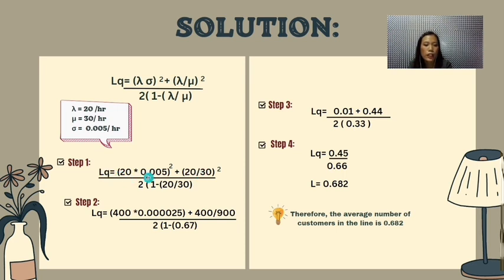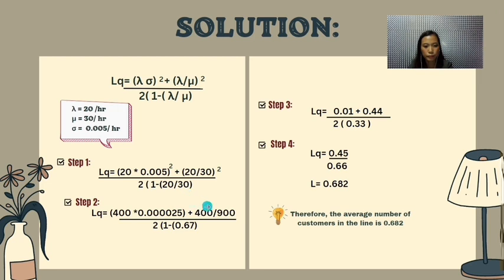So, from here, dito sa 2 equation na to, 20 times 20, kasi ang exponent niya is 2. So, 20 times 20 is 400. Same thing with 0.005 times 0.005 is equals to 0.00025. You can use calculator and check if my calculation is right.